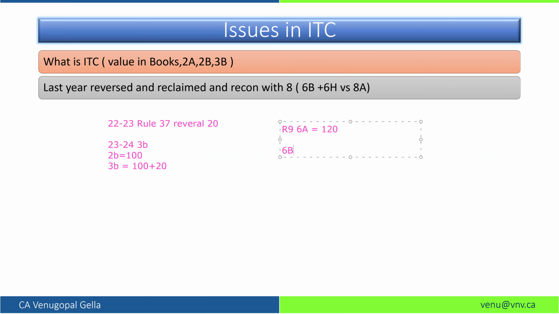Now your 8A, which is the value reported in 2B, is equal to 100. And your 8B, the value coming from your 6B plus 6H, is what we are reporting. 8C, what we are reporting. 8D, what we are reporting. Let us look at this and let us see what are the views of the members.